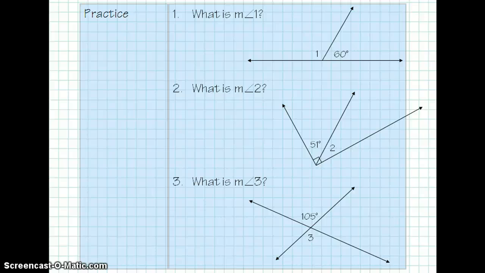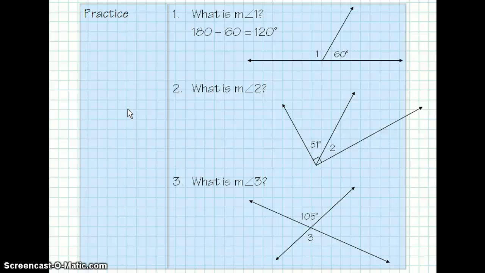So looking at practice here, we've got a straight line. Now a straight line is 180 degrees. So if we take 180 minus 60, we get 120. So the measure of angle 1 is going to be 120 degrees. Now angle 2, this little symbol here means that we've got a right angle. Right angle is 90 degrees.